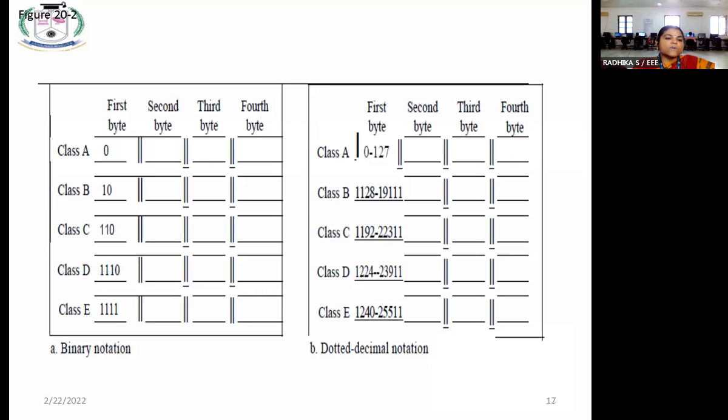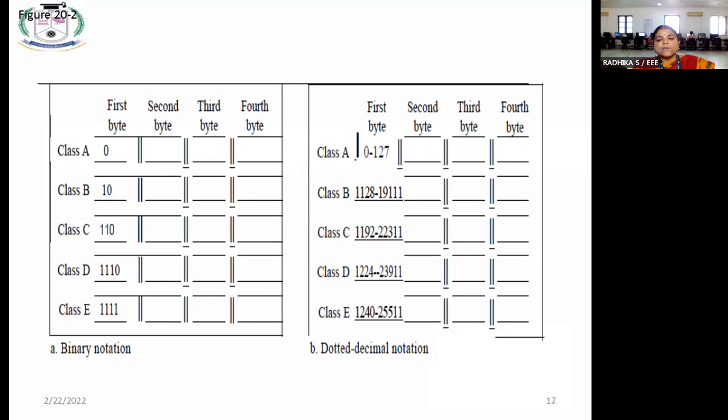When the 0 is in the second bit of the first byte, then it is class B. When the 0 occupies the third bit from the MSB, then it is class C. And when the first three bits are 1 and the fourth bit is 0, then it is class D. When all four bits from the MSB are 1, it is an indication that the address is for class E.